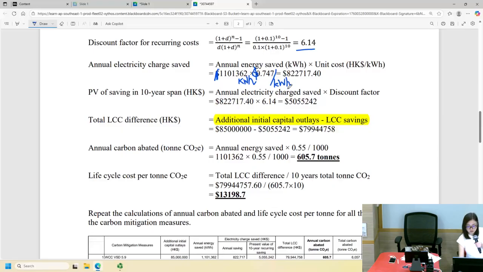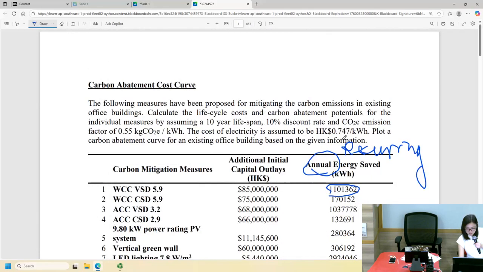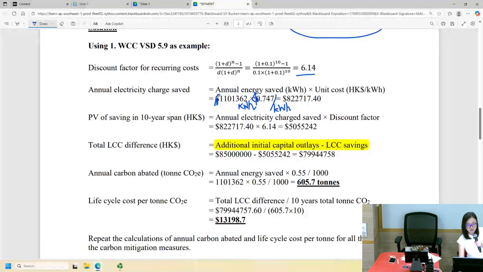Okay, this is the unit rate for the energy, okay, for the cost of electricity. So this amount of energy saving multiplied by the unit rate of electricity, then this would be the electricity fees that can be saved every year, right?